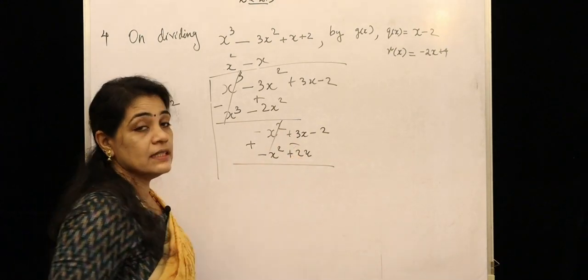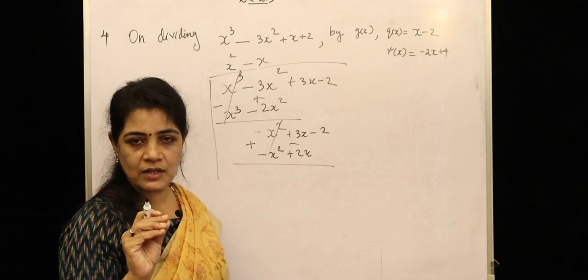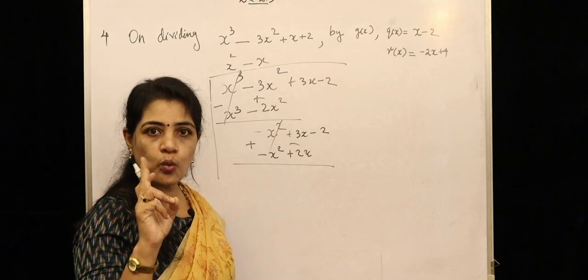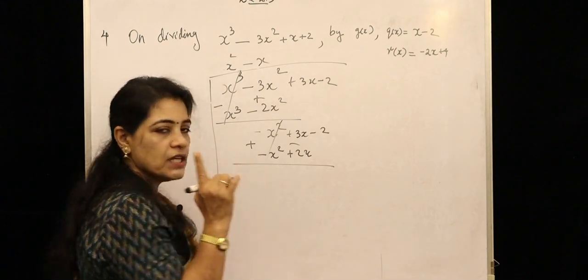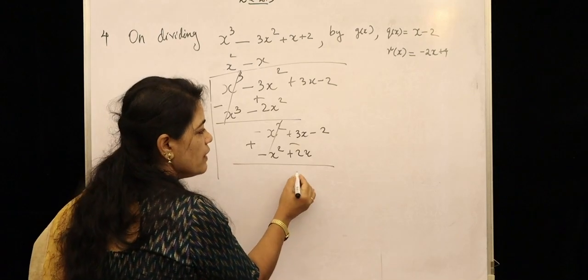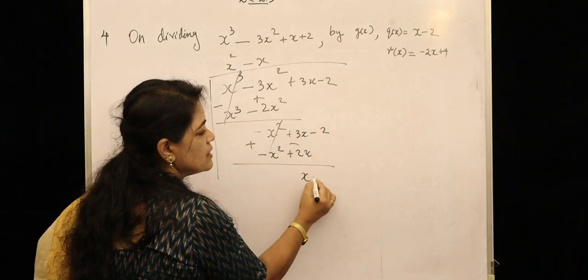Now the second term, plus 3x minus 2x, 3 minus 2, 1. We do not write the coefficient if it is 1, so x, and the next term minus 2.